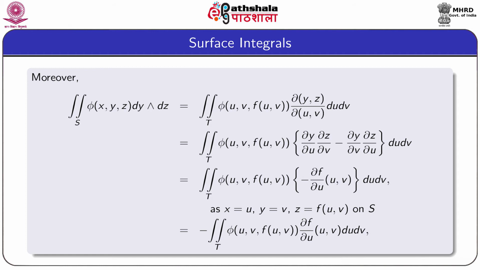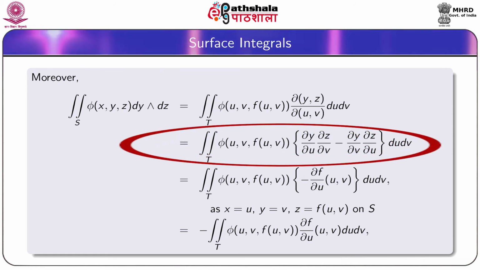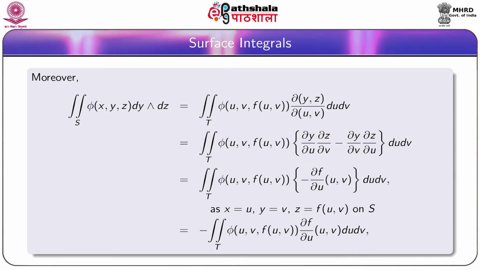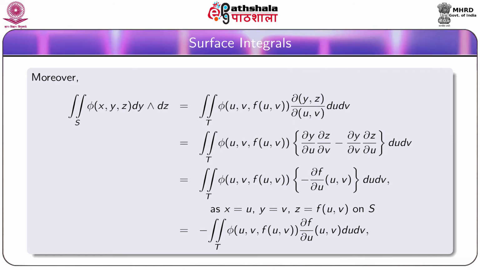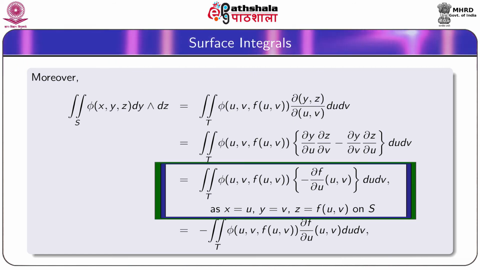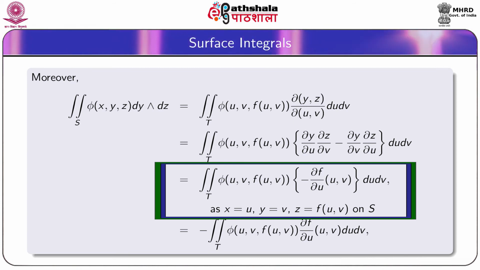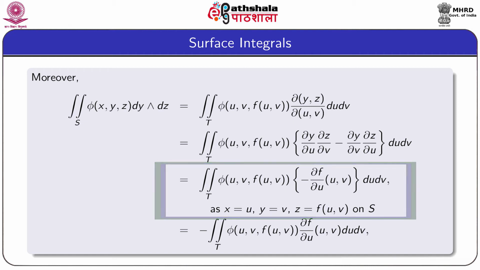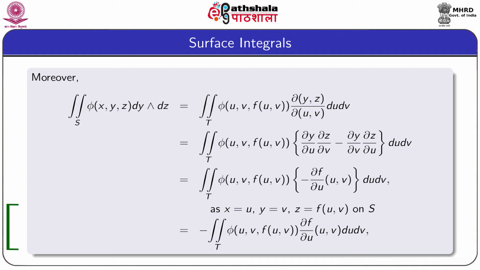Now, we expand the Jacobian determinant, so it becomes ∂y/∂u ∂z/∂v minus ∂y/∂v ∂z/∂u. Putting in the values, we find this equals the double integral over T of phi(u,v,f(u,v)) multiplied by minus ∂f/∂u (u,v) du dv, since x equals u, y equals v and z equals f(u,v) on the surface. So, this equals the negative of the double integral over T of phi(u,v,f(u,v)) ∂f/∂u (u,v) du dv.